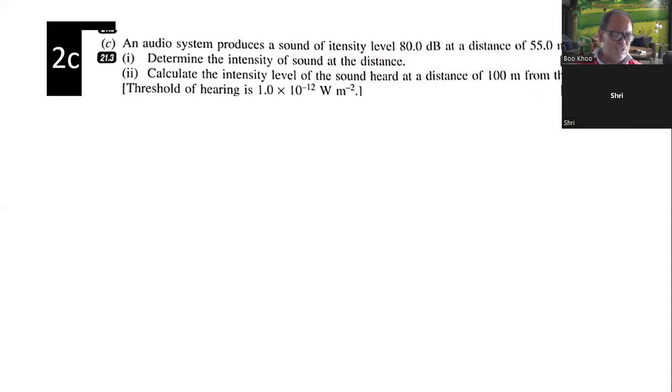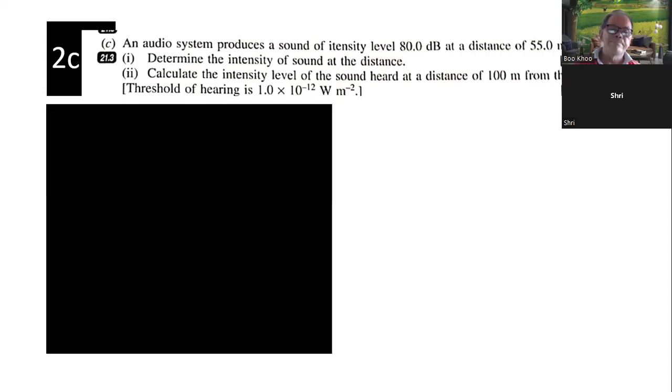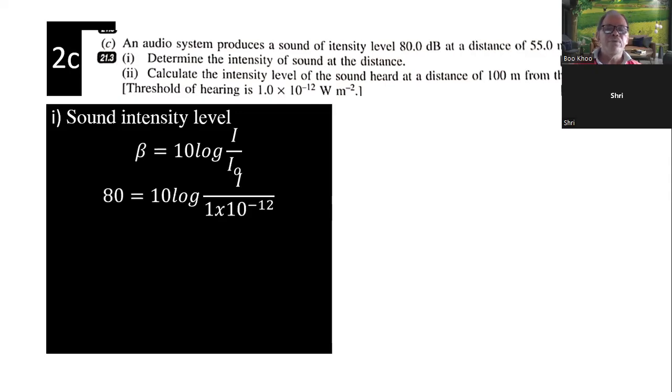What formula do I use? Beta equals 10 log I over I naught. Use that formula. Put in your value. Beta is 80. I naught is the threshold. Then find your I. Then after that, what formula do you use?